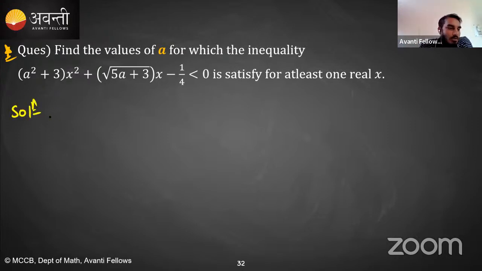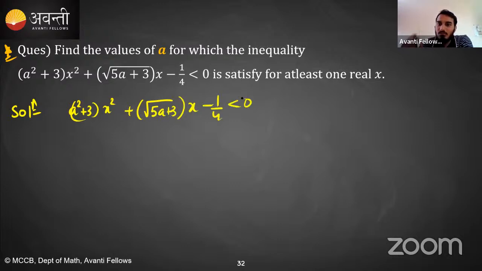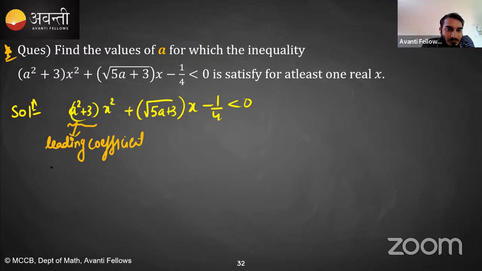So now see here, what is the inequality? (a square plus 3) x square plus root of (5a plus 3) x minus 1/4 less than 0. Yes or no? Now everyone see, the leading coefficient, which is a square plus 3, is greater than 0.